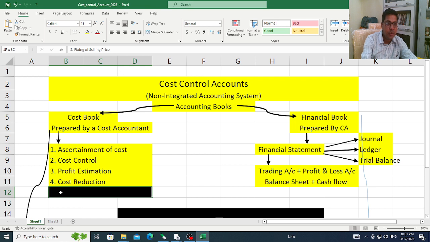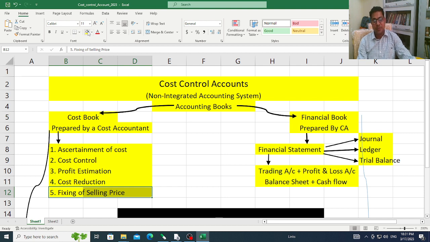And sometimes we want to fix the selling price, and for that purpose we prepare cost books. So here the cost accountant and chartered accountant each prepare their own books. The cost book is prepared by the cost accountant, and the financial book by the chartered accountant.